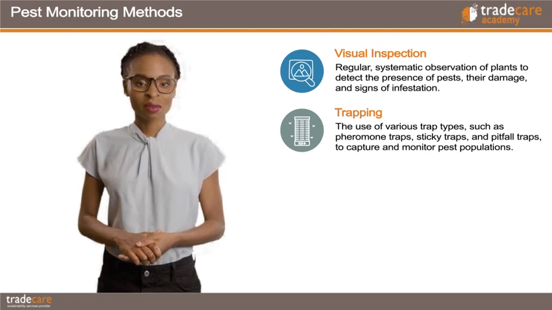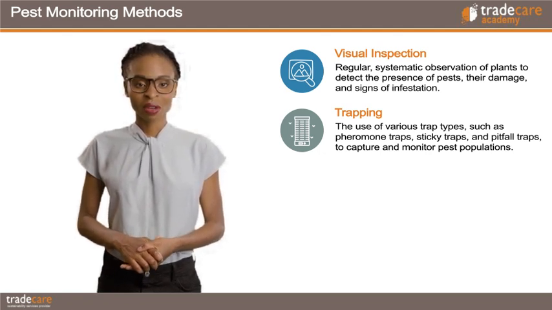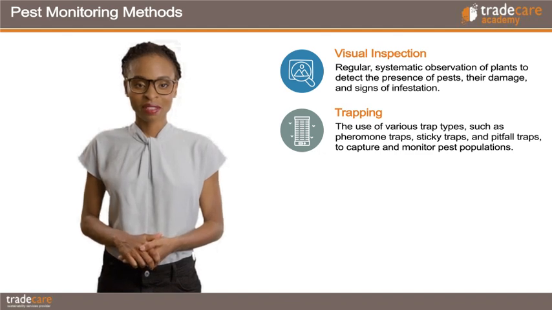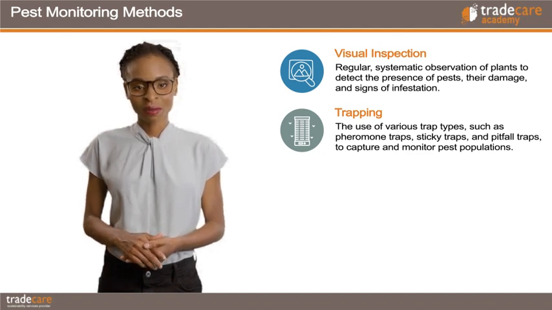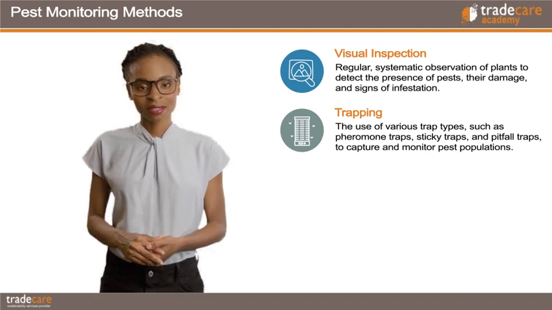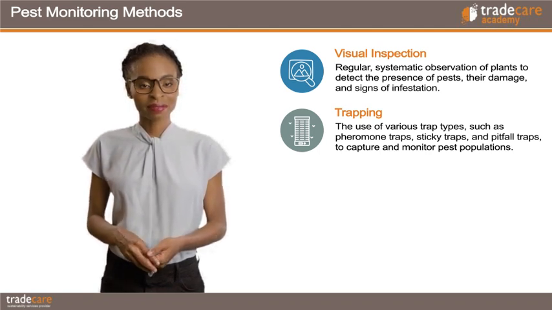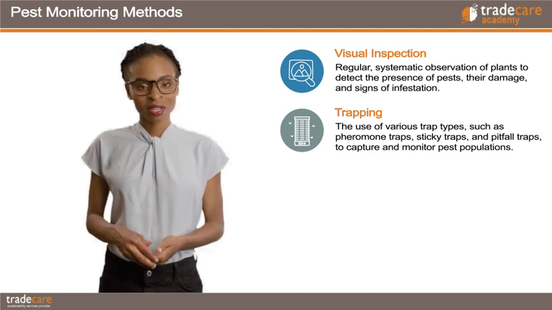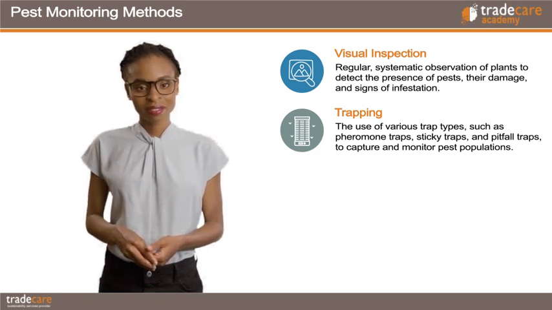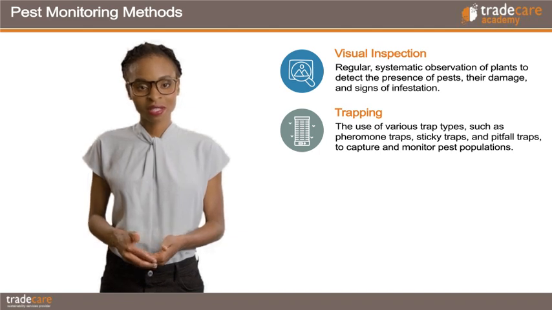This involves the use of various types of traps, such as pheromone traps, sticky traps, and pitfall traps. These traps help capture and monitor pest populations effectively, providing insights into pest activity levels. Remote sensing. This advanced method utilizes aerial or satellite imagery, along with sensor technology, to detect and map the spatial distribution of pests. Remote sensing can provide a broader perspective on pest populations across large areas.